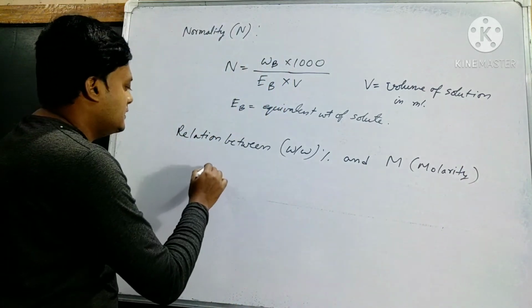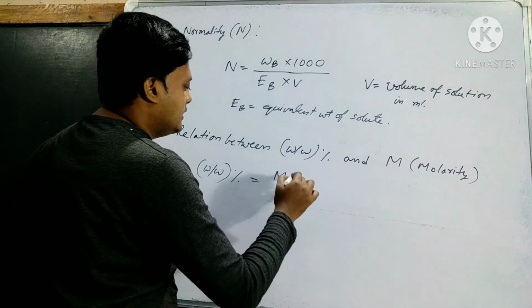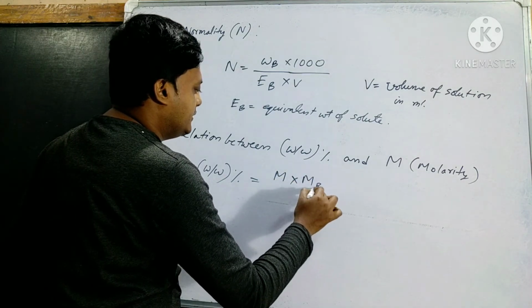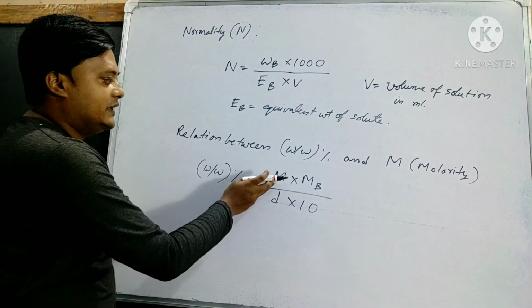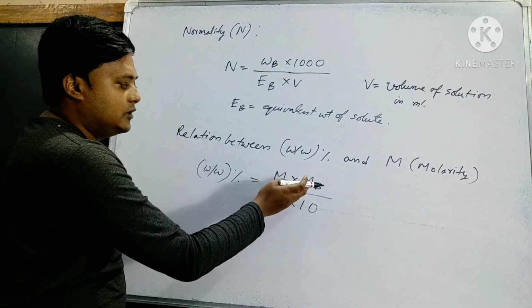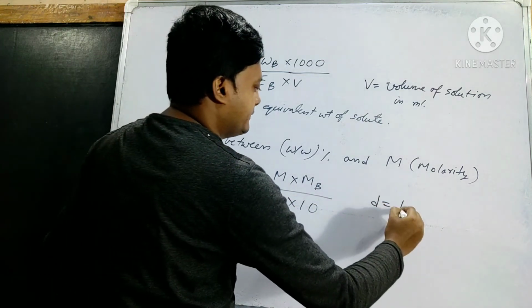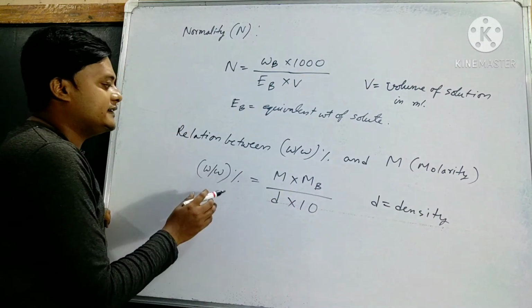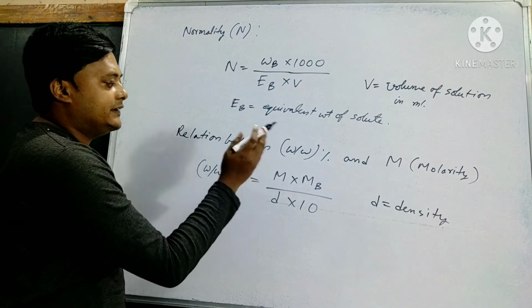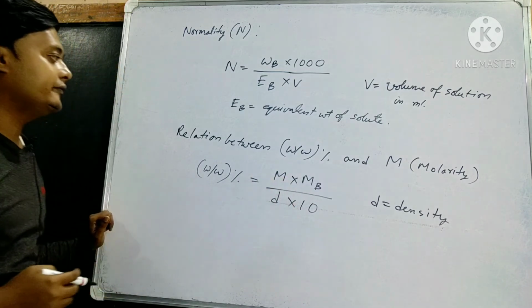Now see, mass percentage equal to M into MB by D into 10. M molarity, MB molecular weight of solute, D density. Other terms we already learned. So mass percentage equal to molarity into molecular weight of solute by D into 10.